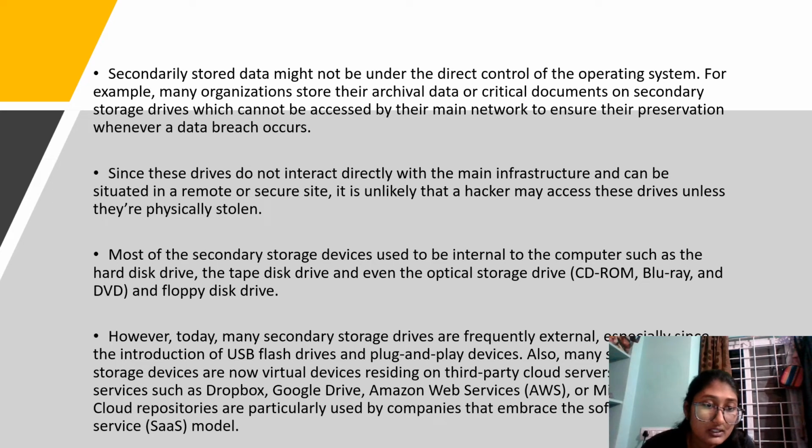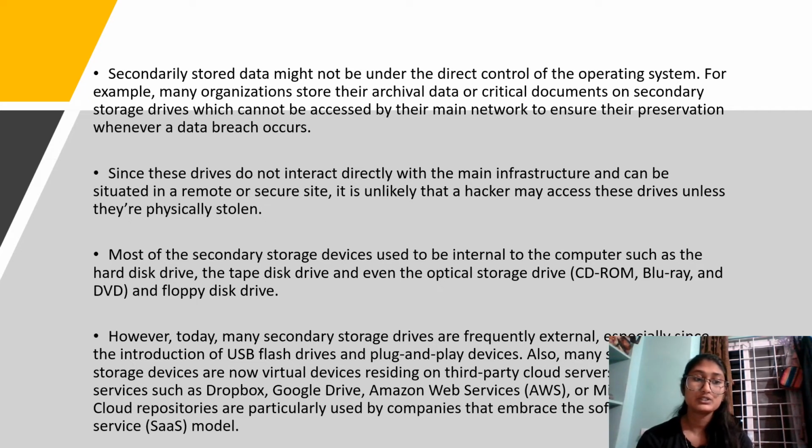Most secondary storage devices used to be internal to the computer, such as a hard disk drive, tape disk drive, and even optical storage drives like Blu-ray, DVD, and floppy disk. However, today secondary devices are frequently external, especially with the introduction of USB flash drives and plug and play drives.